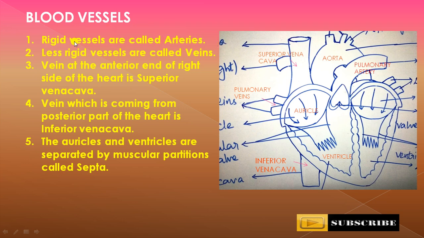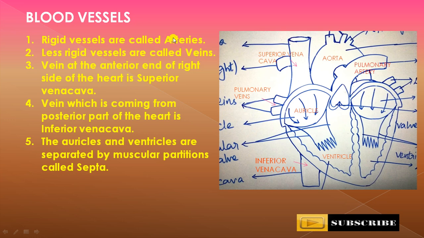Rigid vessels, so these arteries are rigid, it means they are strong, they are thick. These rigid vessels are known as arteries, and the less rigid vessels are called veins. Do you understand? Arteries and veins, two types of blood vessels. One is artery and another one is vein.